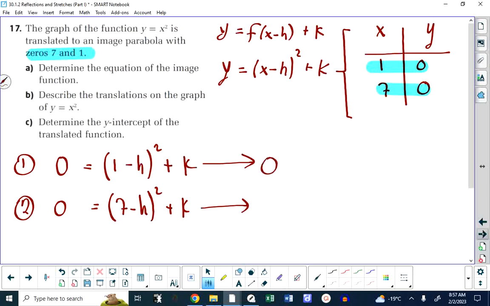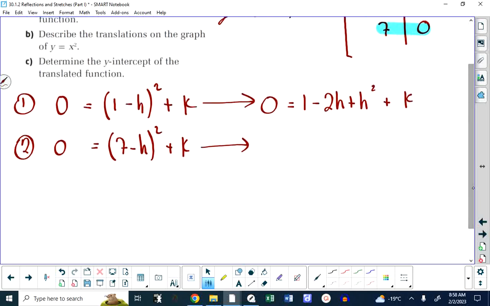This equation becomes 0 equals 1 minus 2h plus h squared plus k. And I don't want to just sweep that under the rug as if it's obvious. What I've done is I've taken 1 minus h, and in my head I've said it's that. So that's what I get.